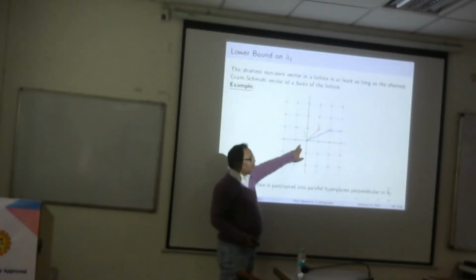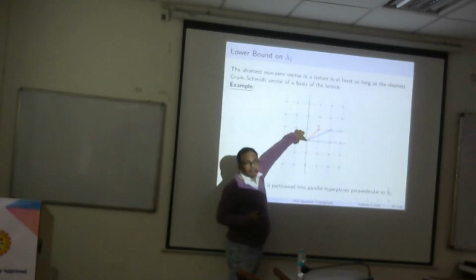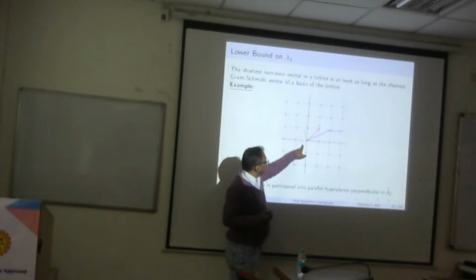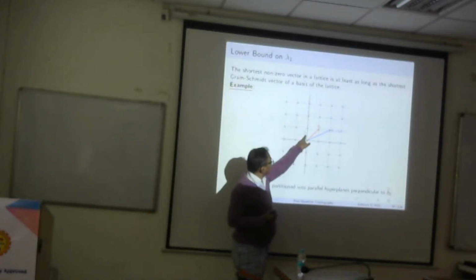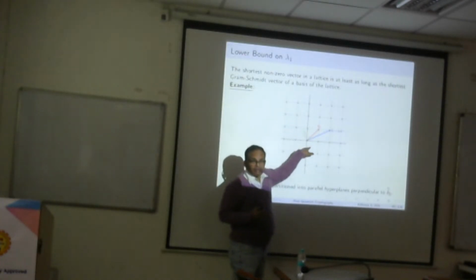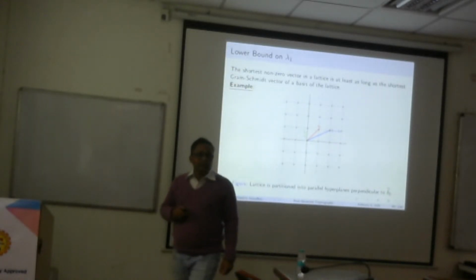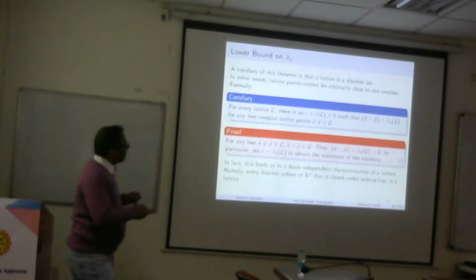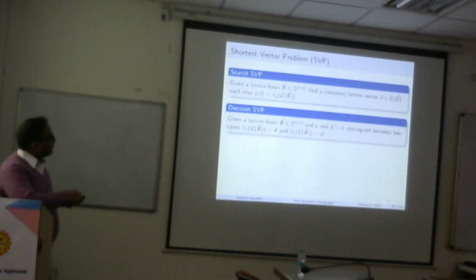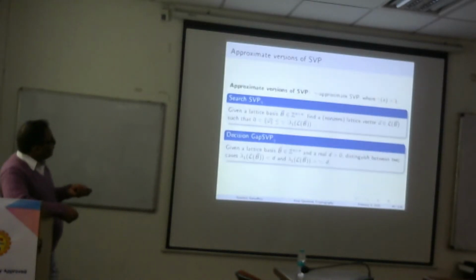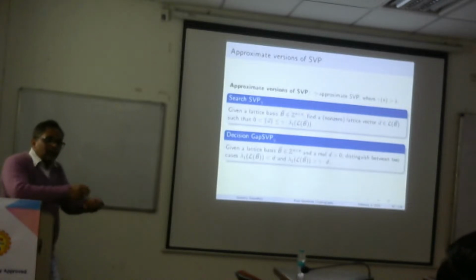But if I give you a point here, what is the closest point to this? I know this is lambda 1. So from this point I make a circle of radius lambda 1, and whatever point comes here will be the closest point. That is what we are trying to talk about in this example: the closest point which is on the lattice.